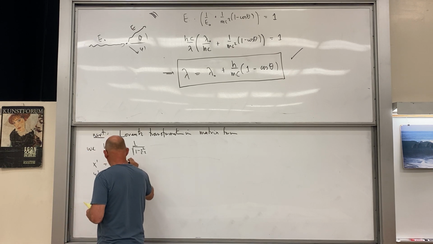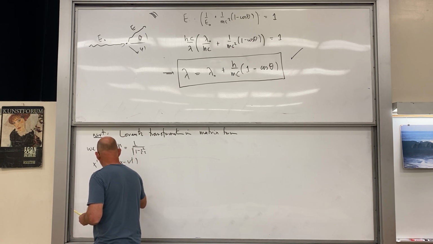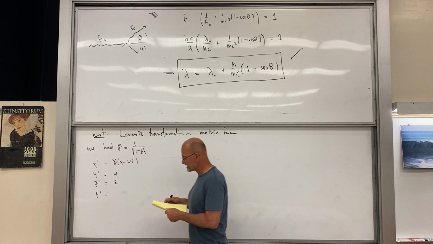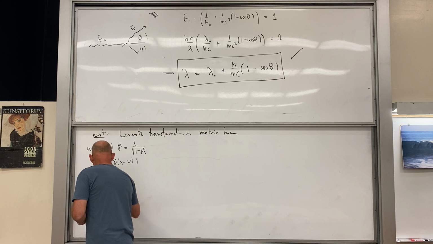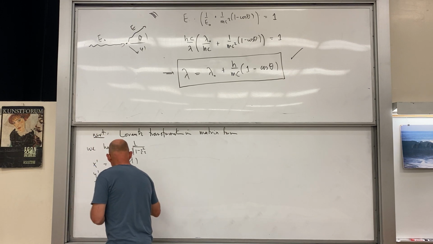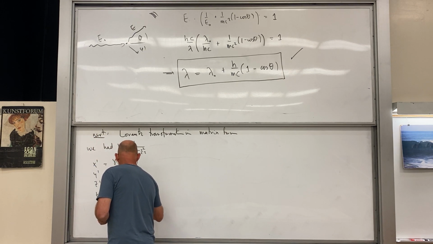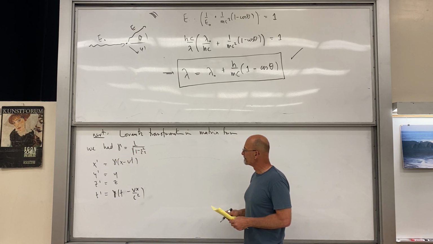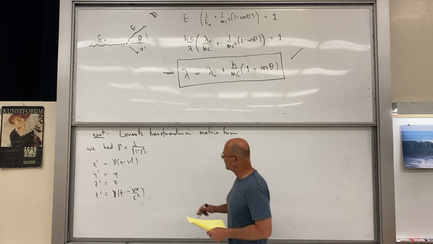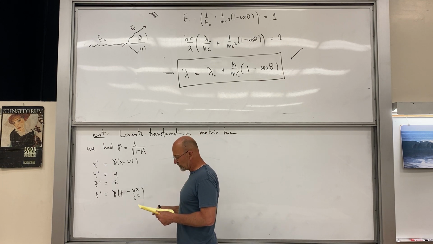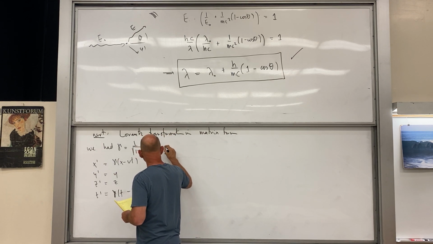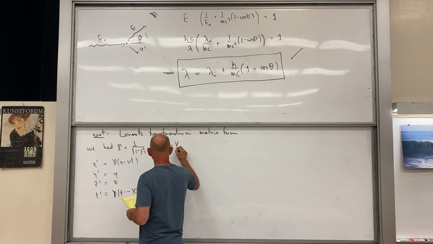Gamma times x minus vt, y, and z, because we were doing the boost just along the x-axis. And then the t prime was gamma times t minus vx over c squared. So when you write them in this form, you can also call v over c equals beta. I don't know if I had written that before, but it's just a definition, v over c.